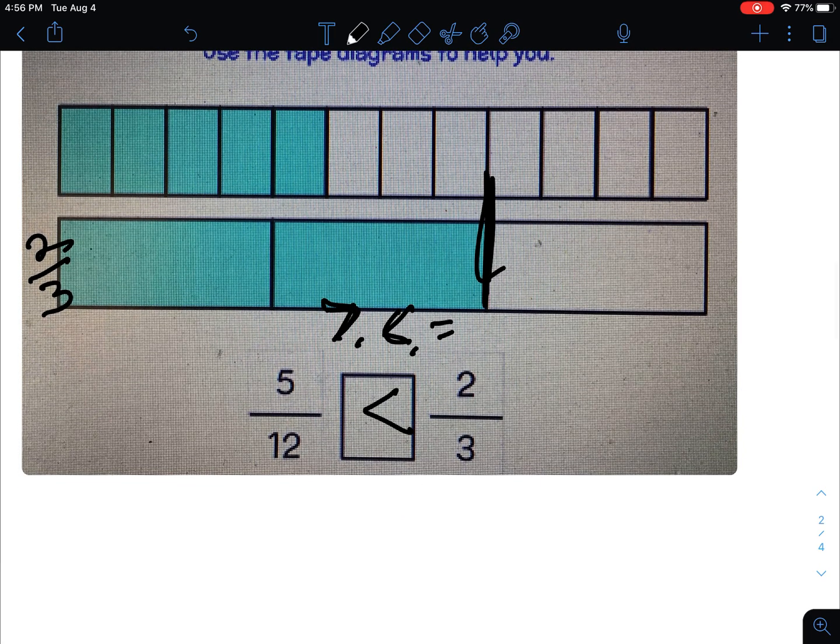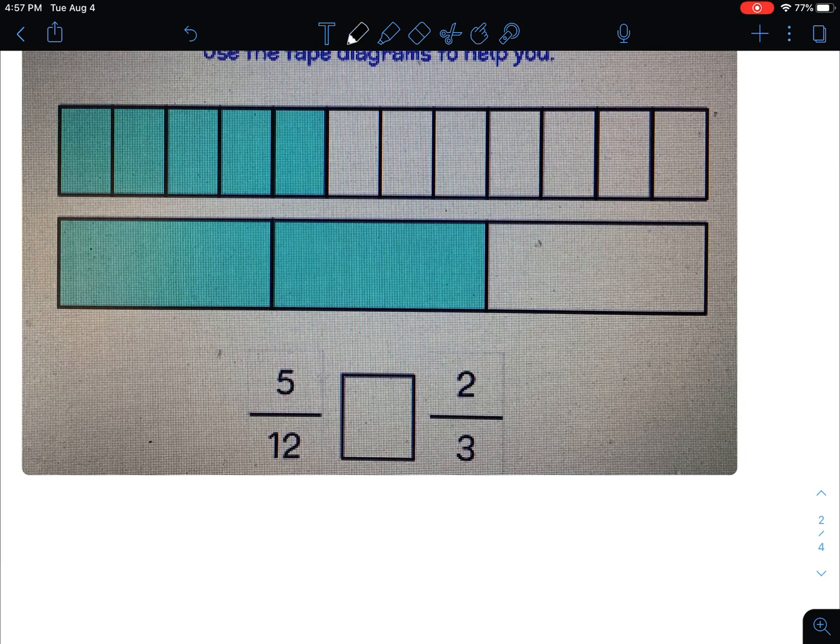But I want to show you something. So we know how to compare fractions using tape diagrams and number lines now. I'm going to show you a third way. So remember, in order to compare fractions, you have to have the same denominator.